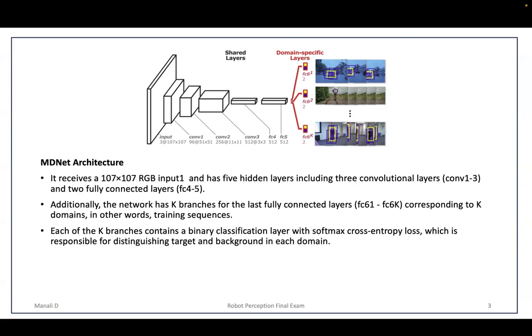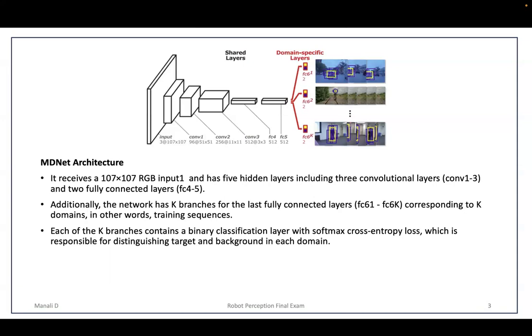The shared layers have three convolutional layers and two fully connected layers, and then there is a domain-specific layer which has k branches. And here k refers to the number of domains, that is, each branch would be trained on one specific domain.